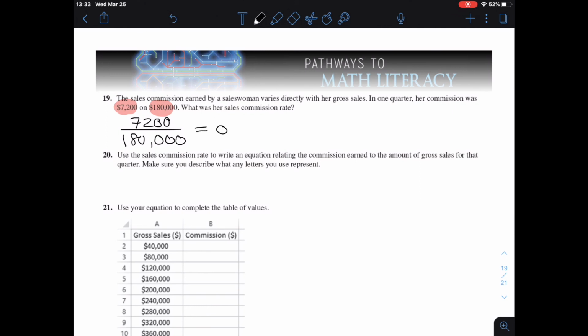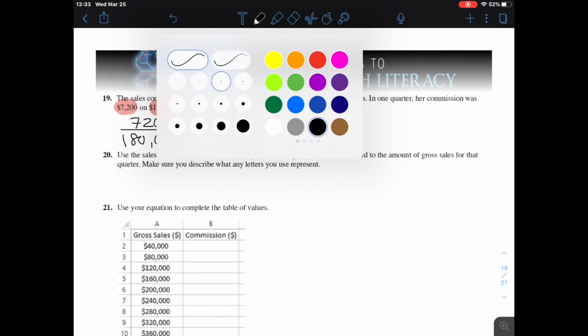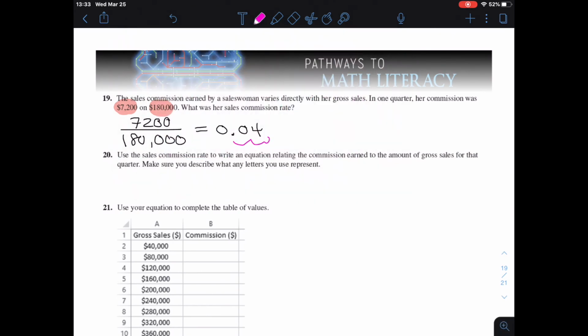If you do this division, it's 0.04. Remember, as a percentage, you would move that over twice. This is exactly the same as 4%. So she's going to earn 4% of her gross sales. If she doesn't sell anything, she's not going to make a commission. So that's an example of direct variation.